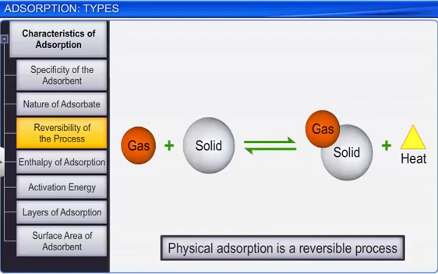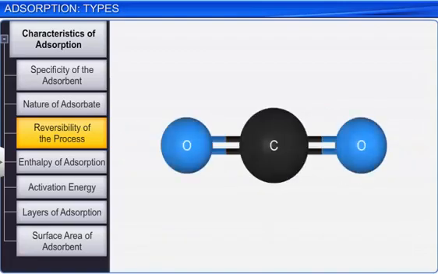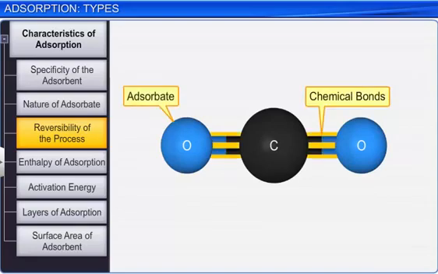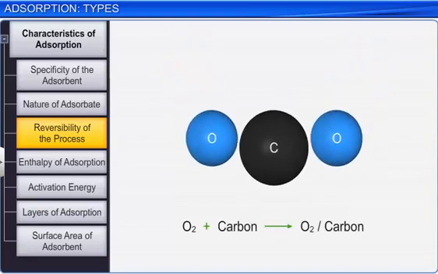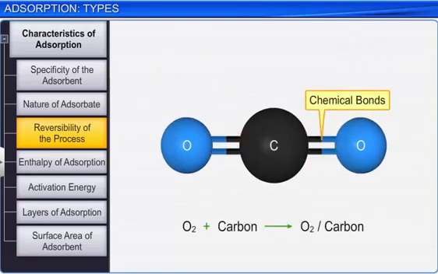However, during chemical adsorption, chemical bonds are formed between the adsorbate and the adsorbent molecules. For example, when oxygen is chemically adsorbed on carbon. To reverse this process, there is a need to free the adsorbed gas.